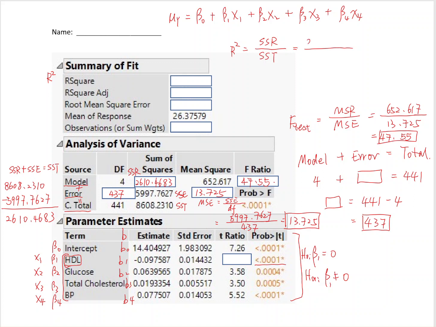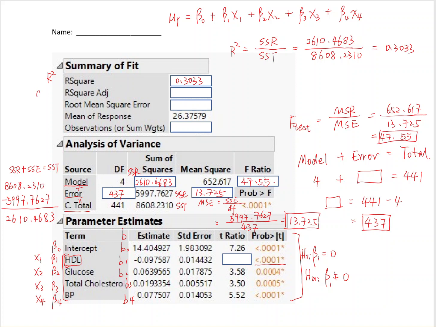So we have 2610.4683 divided by 8602.3210. All right, so if you calculate this, you should have R squared equals 0.3033.